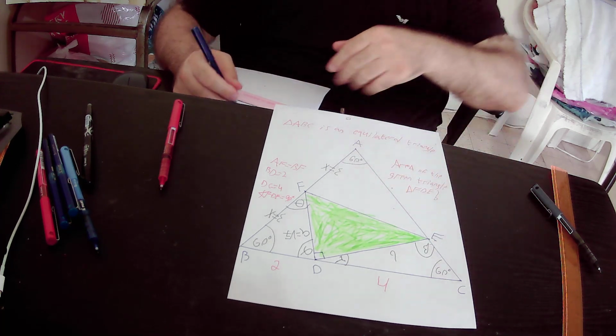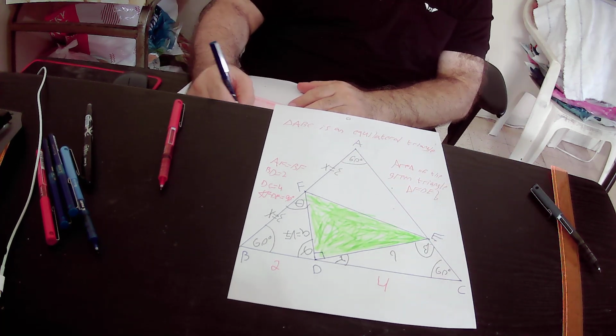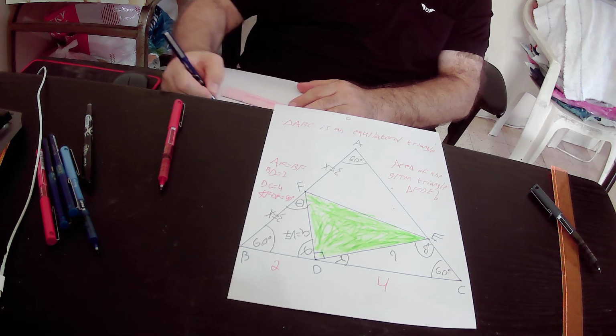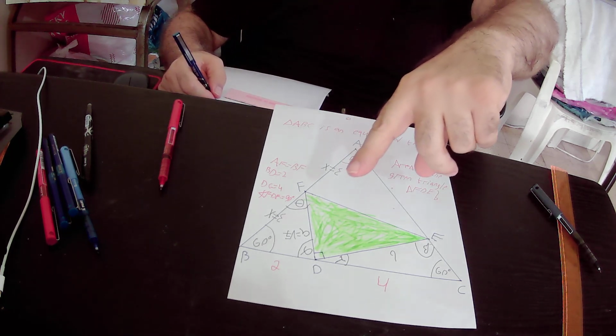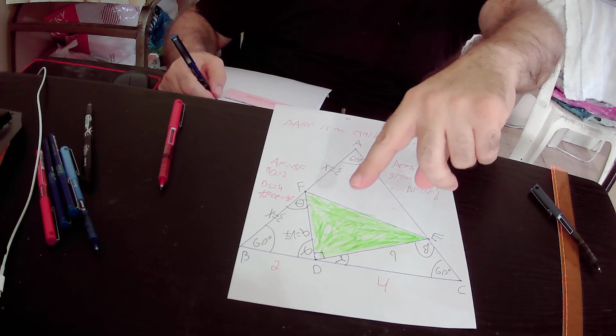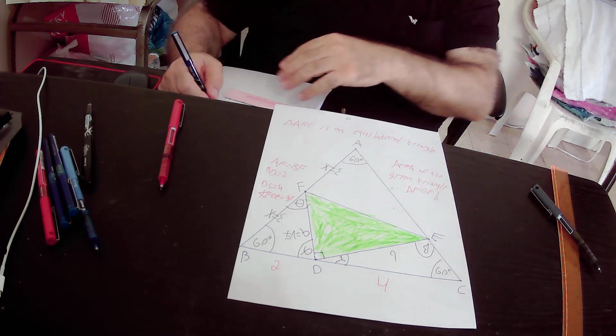DC over sine beta equals DE over sine 60 degrees.